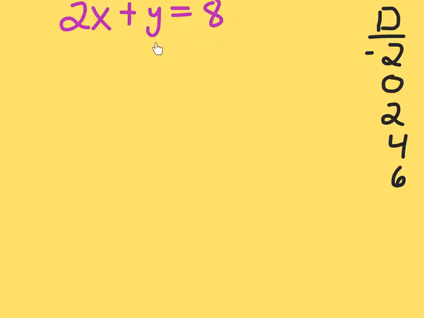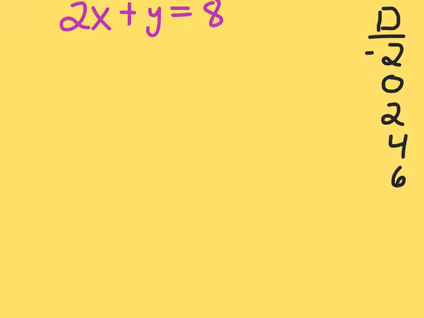Okay? The first thing that we have to do to solve this, to find the range, is to get it into function form. Okay, that's why the last slide was so important. Function form, remember, is when y is isolated. Is this in function form? No, it's not. So the first thing to do is to put this in function form. Solve for y.